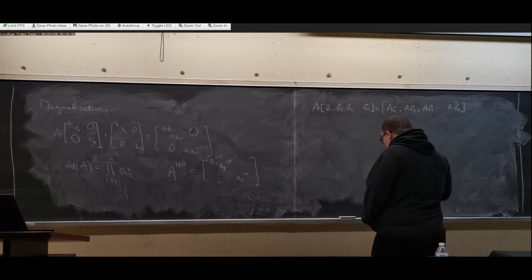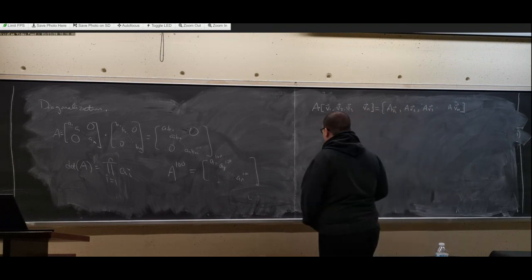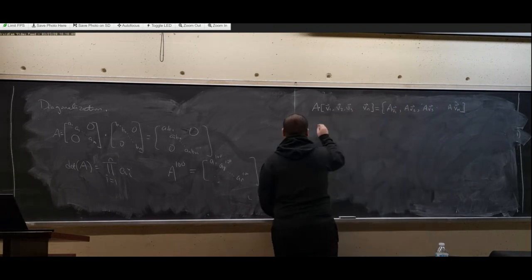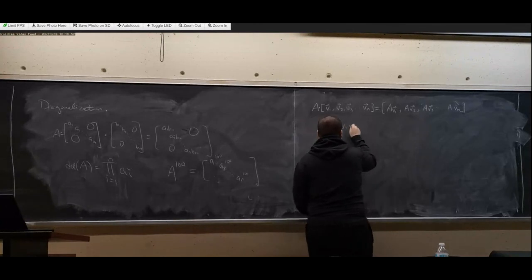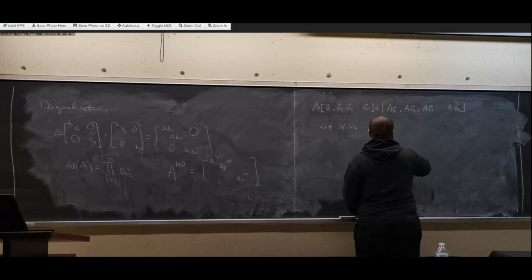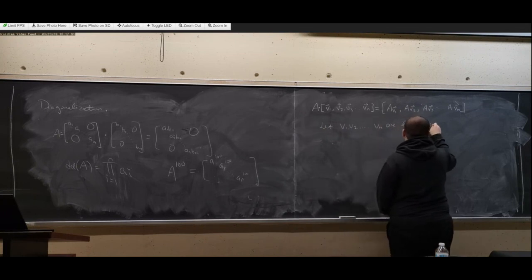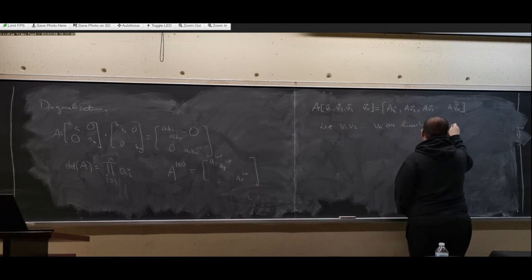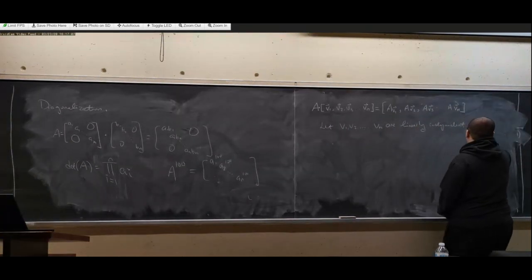But instead of just any regular vectors, we're going to consider v1, v2, all the way to vn to be linearly independent eigenvectors.